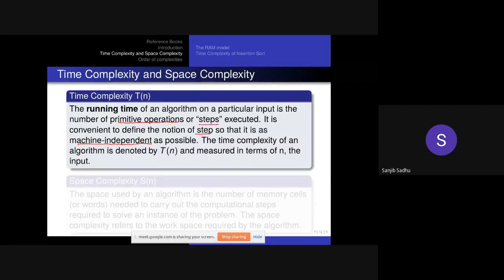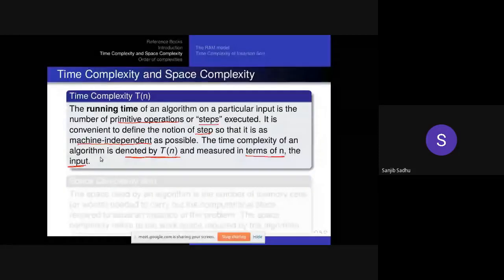The time complexity of an algorithm is denoted by T(n), and it is measured in terms of n. What is n? The input size. Don't think that n always means the number of elements. It may be the width.